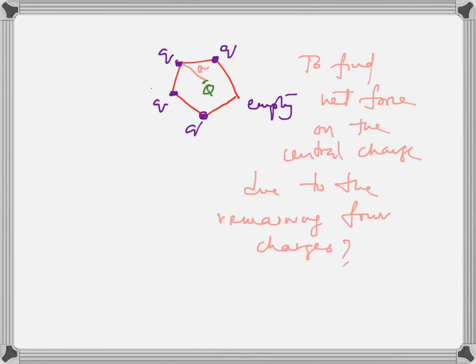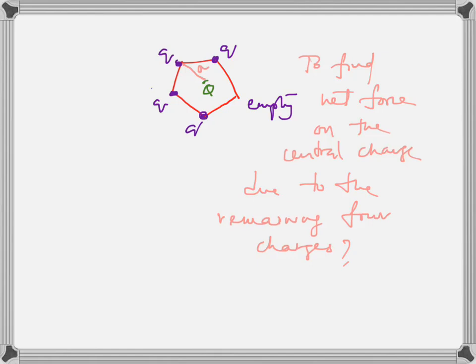This is the question. So how to solve this? See, if there were 5 charges totally, the force would have been 0. If there was also a 5th charge at the empty corner, the force would have been 0.